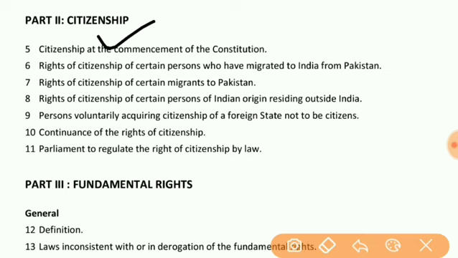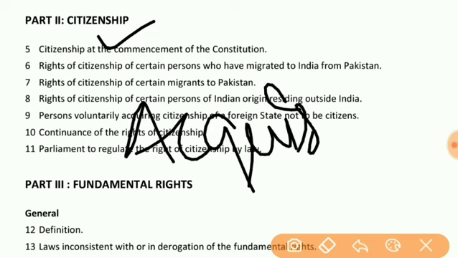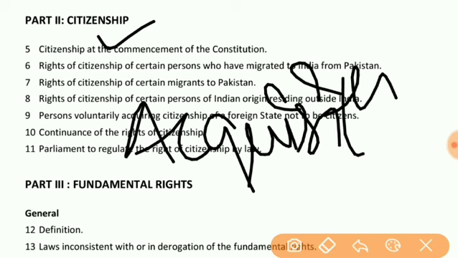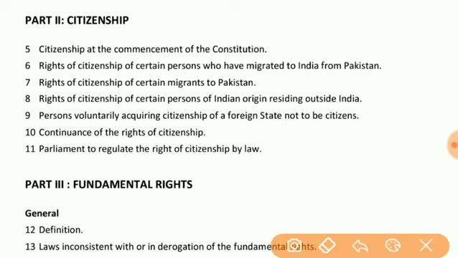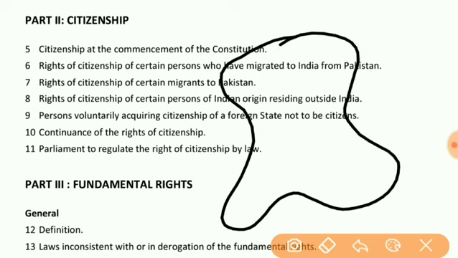citizenship. In this part we have articles 5 to 11 about the commencement of the Constitution and regarding the citizenship of India and the acquisition of citizenship. So in the first part we defined our boundary.